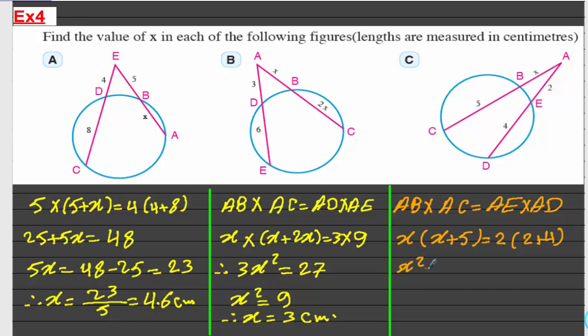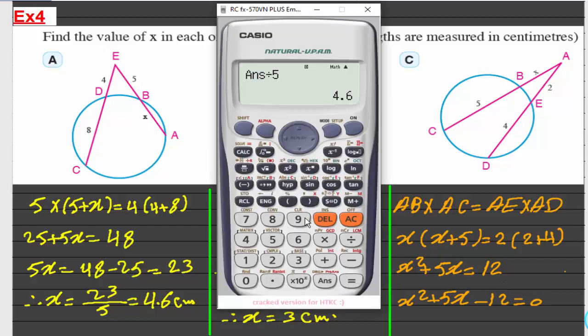So x power 2 plus 5x equals 2 multiply 6, it is 12. And now we have x squared plus 5x minus 12 equals 0.